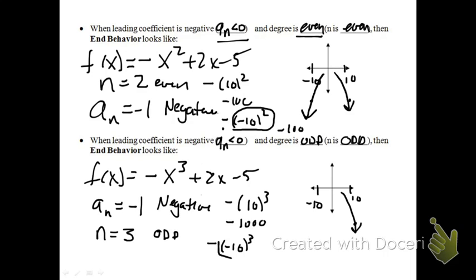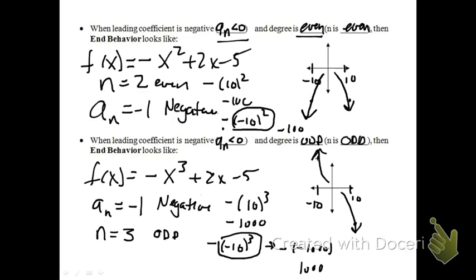Now, key here is when you raise a negative to an odd power, it's going to stay negative. So that would be the opposite of negative 1,000, which is really positive 1,000. A negative times negative would make a positive. So I'd end up with something up here, a really big positive number. So it would go up, up, up in a way like that. So the end behavior here kind of looks like this.